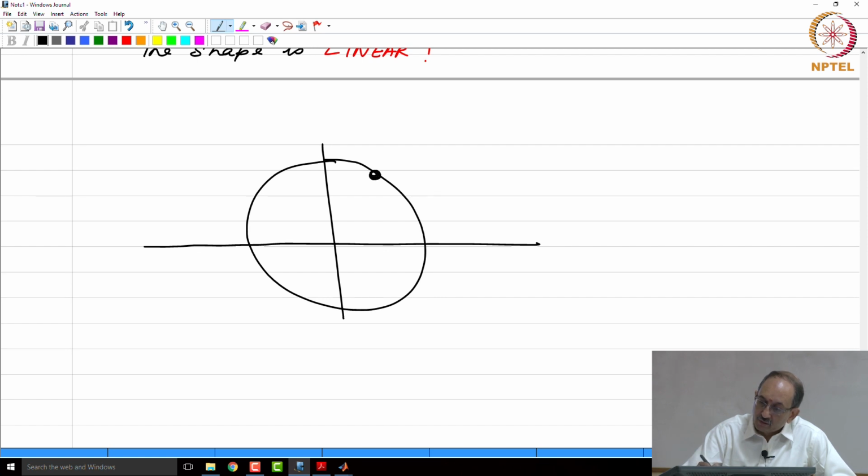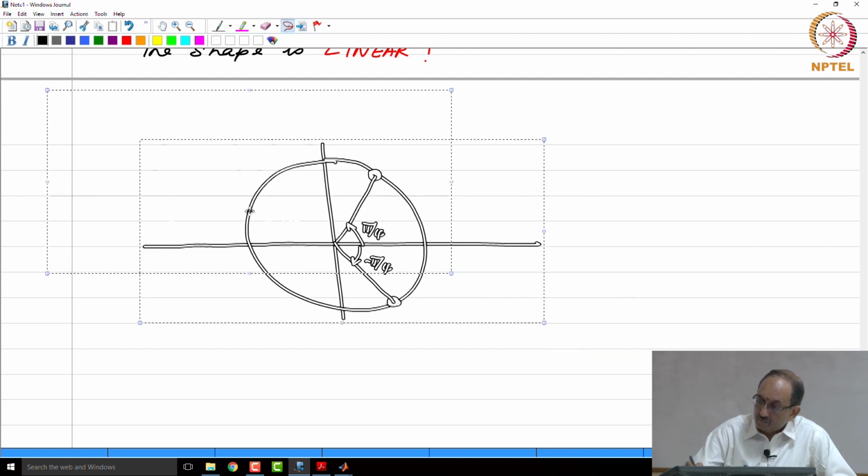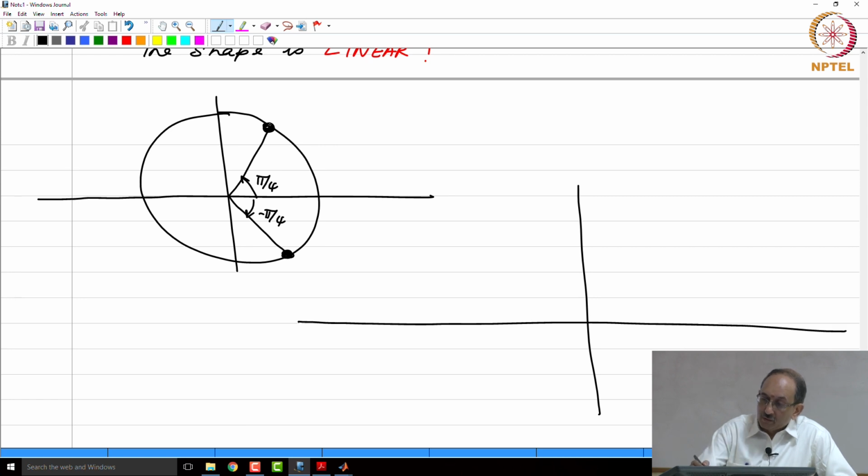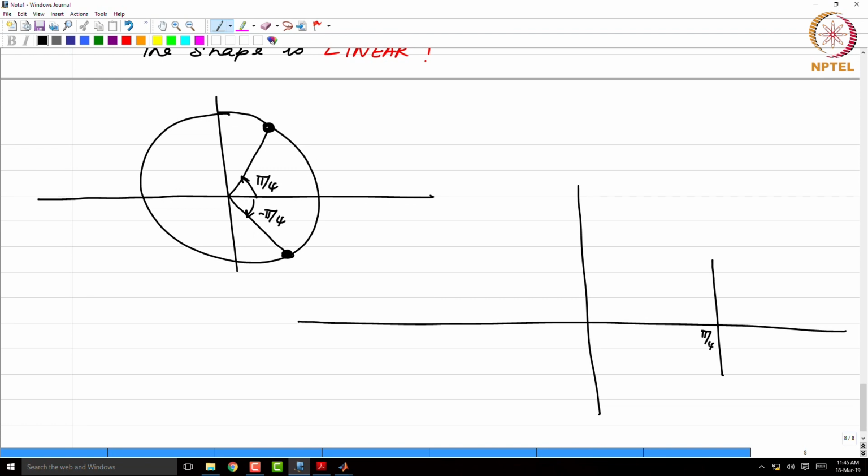Therefore, if I have a 0 here and a 0 here, and for simplicity, for illustrative purposes, if I make this pi by 4 and this to be minus pi by 4, then you can see that this 0, I will have a jump at pi by 4.